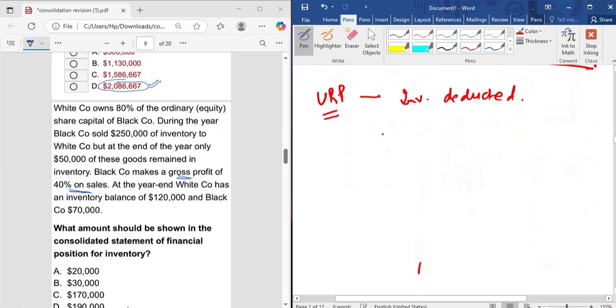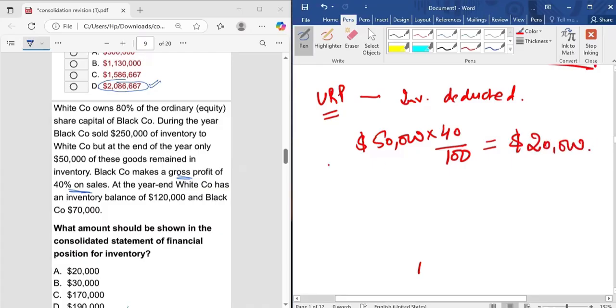So goods worth $50,000 were left in the inventory. So take 40% of it, because margin is always on the selling price. Okay, I've told you this 40% on sales is our margin, and margin is always on the selling price. So this 50,000 is our selling price. So directly take 40% of this 50,000. So this would be $20,000.